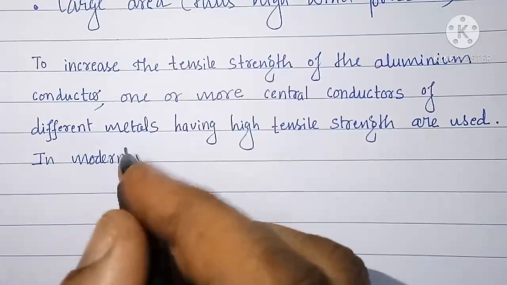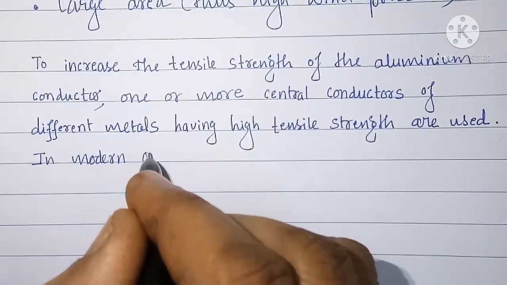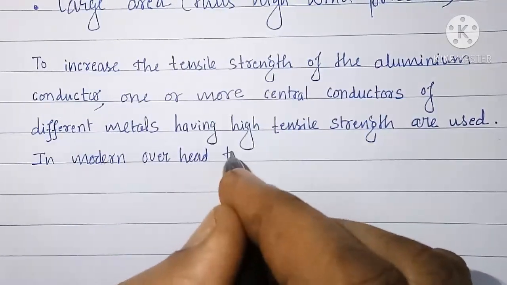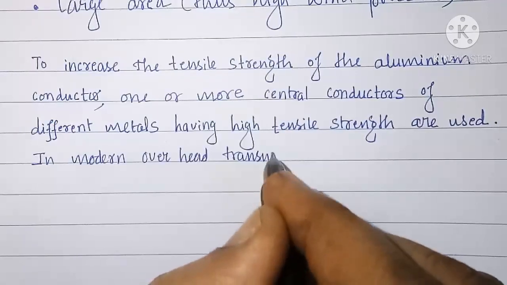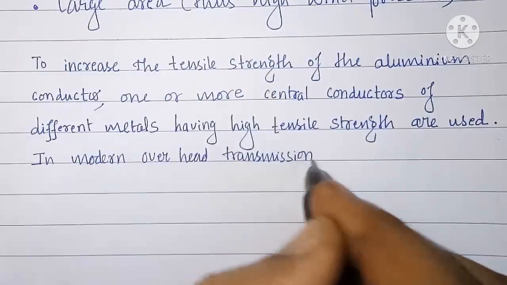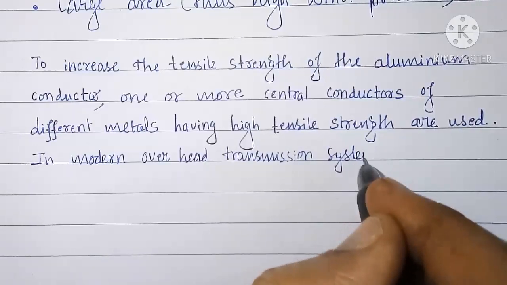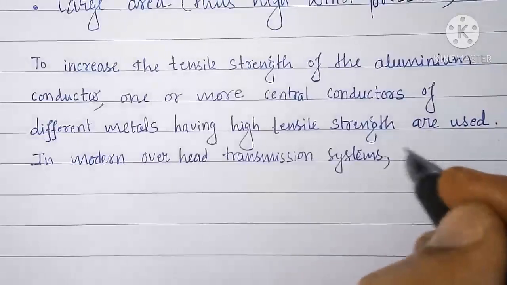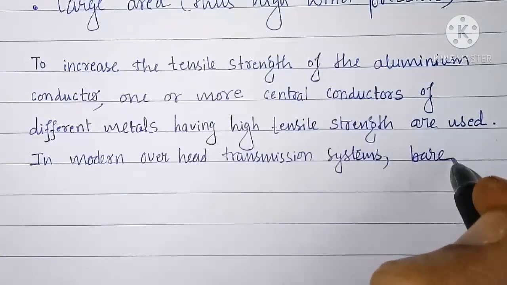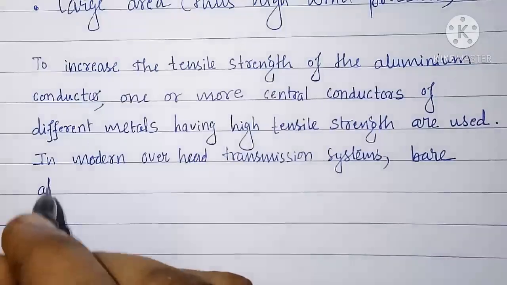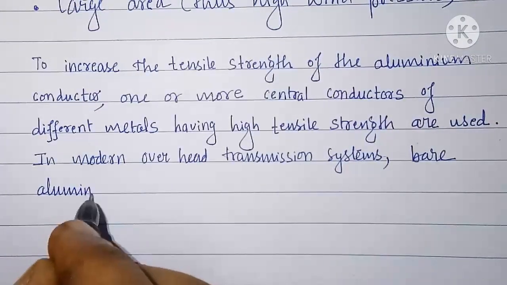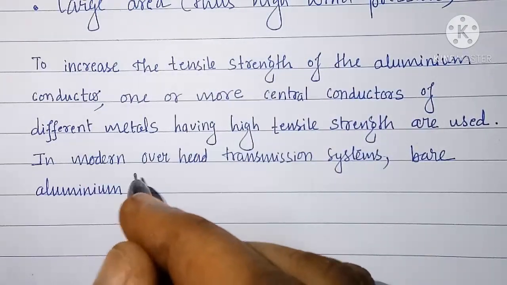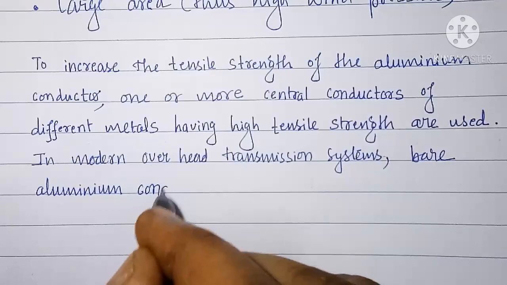In modern overhead transmission systems, bare aluminum conductors are used.